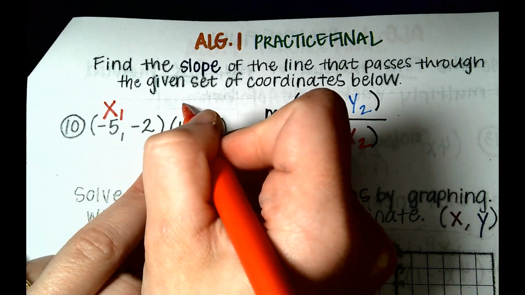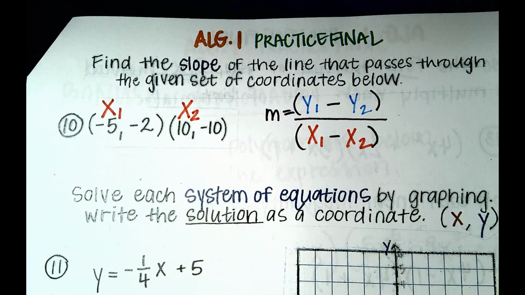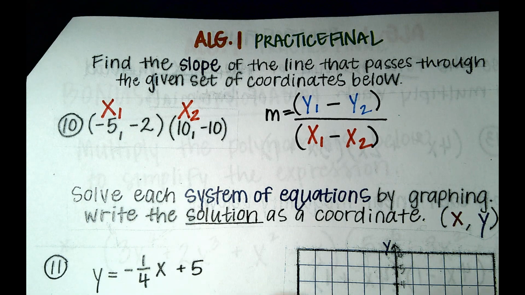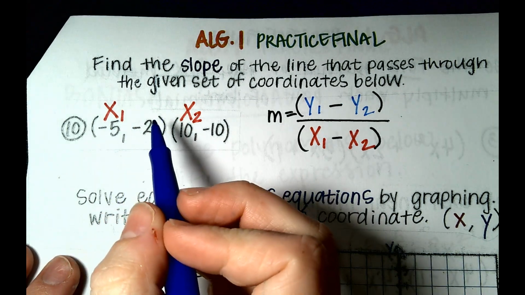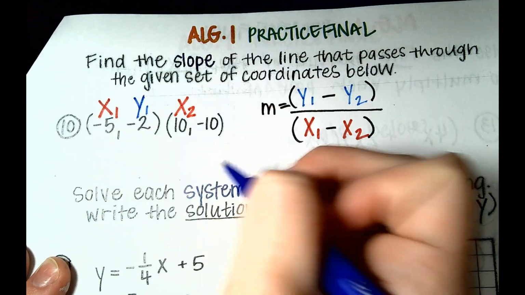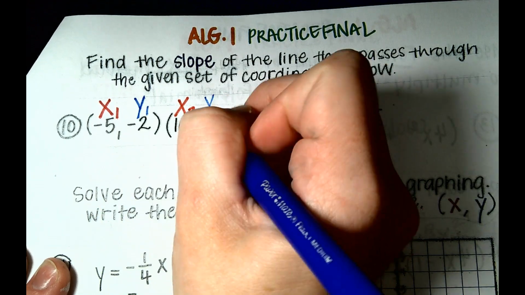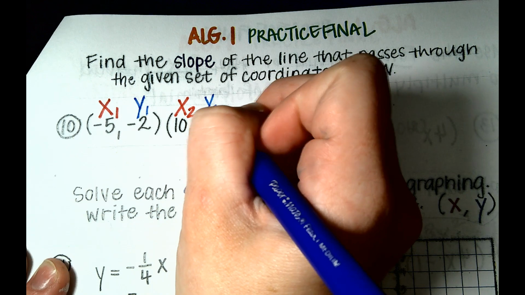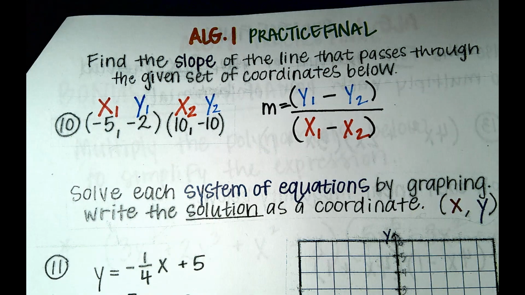Yes, +10 is our x2. So, back to the first coordinate, -2 is y1. Yes, -10 is y2. So we have x1, y1, x2, y2.